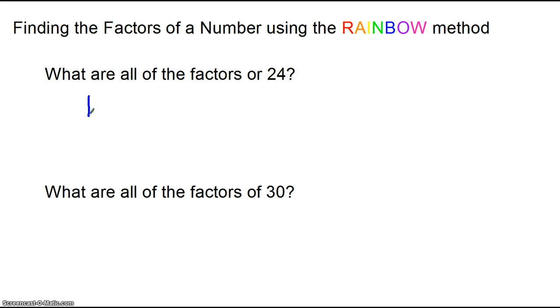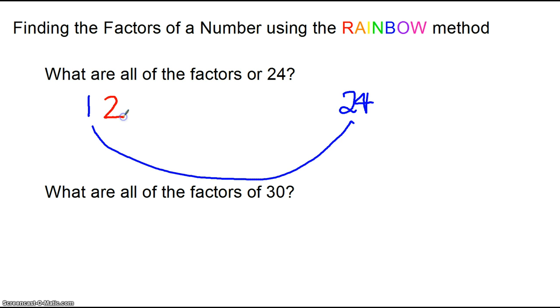So I am going to ask myself, self, what times 1 equals 24? And your self should say 24. Okay, so 1 times 24 is 24. Then what's the next number I normally count with? The next number I count with is 2. I ask myself, self, what times 2 is 24? 12.